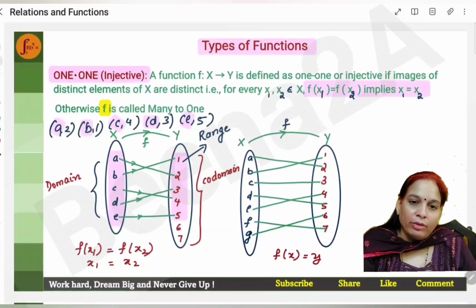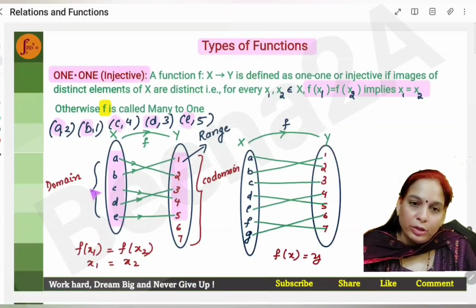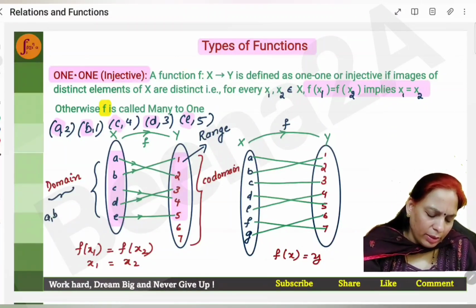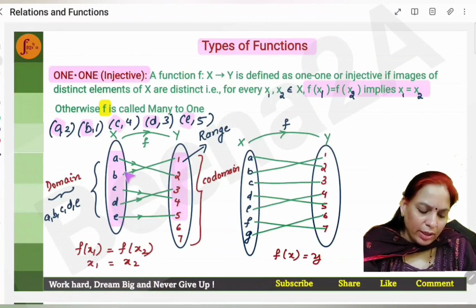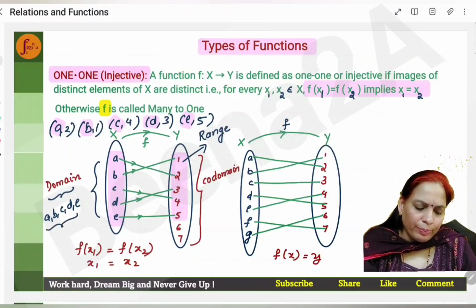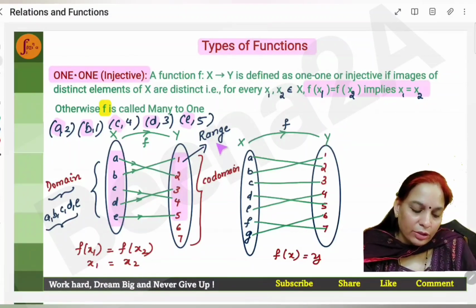A few things that we'll have to remember. What is a domain? All the elements in the set X are called the domain. So the domain is A, B, C, D, E. Now what is range?